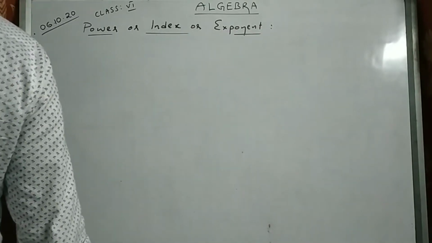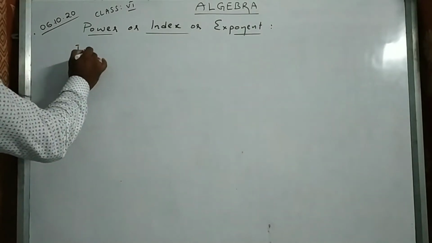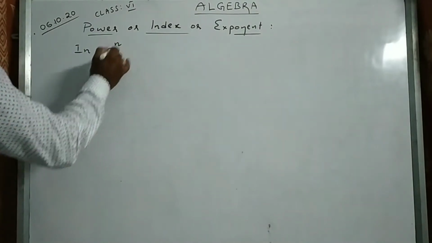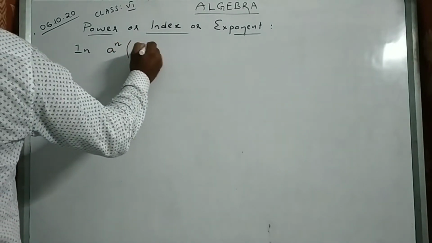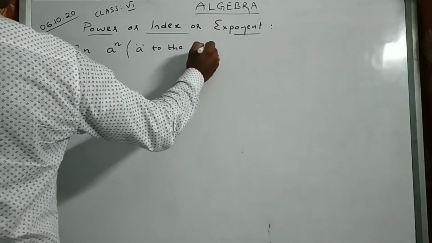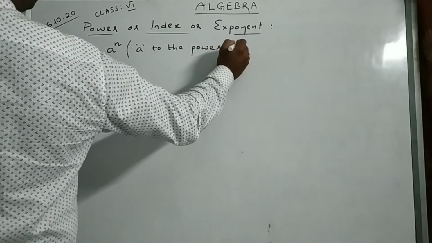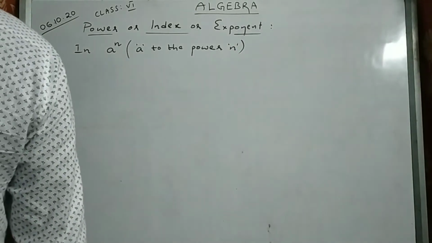For example, in a power n, in a to the power n, how do we read this? We read it as a to the power n.